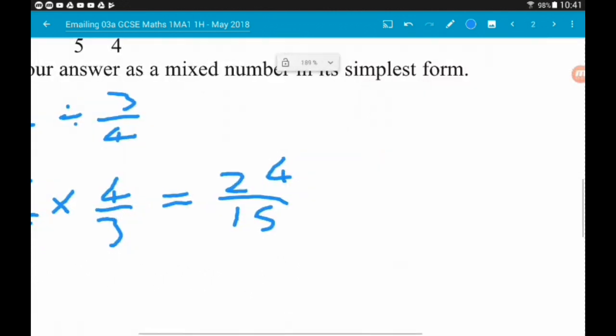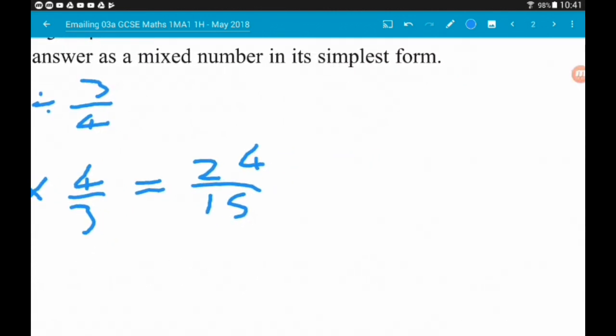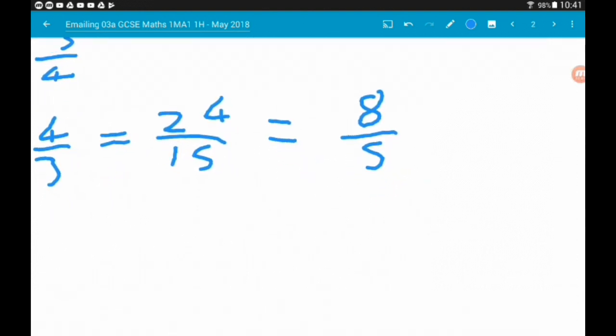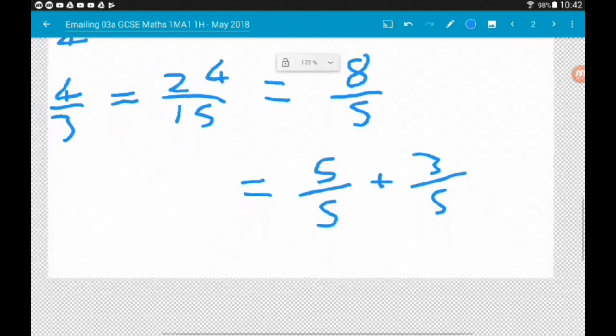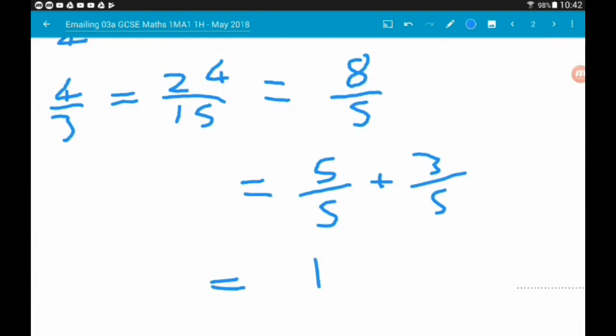This has a common factor of 3, so we can simplify it to 8 over 5. Now we want to turn that into a mixed number. What is the biggest number underneath 8 that 5 goes into, which is 5. So we can say this is 5/5 add 3/5, which is 1 and 3/5.